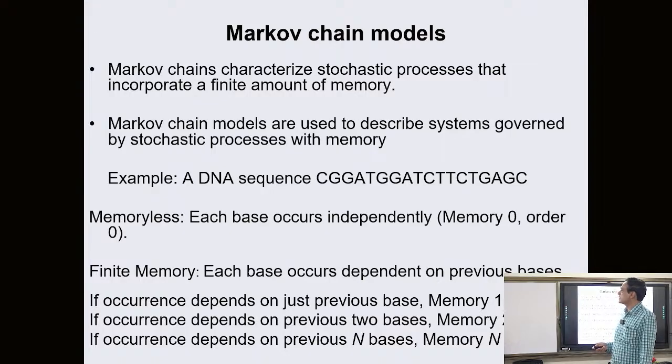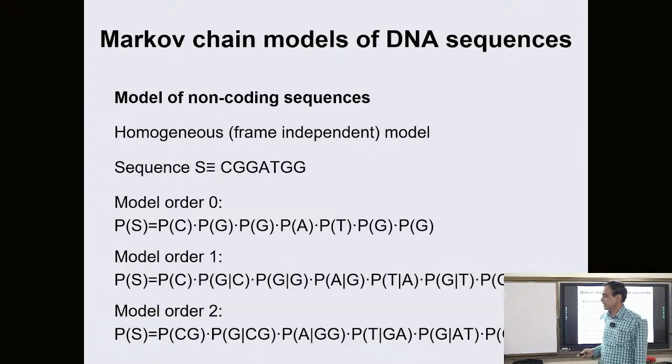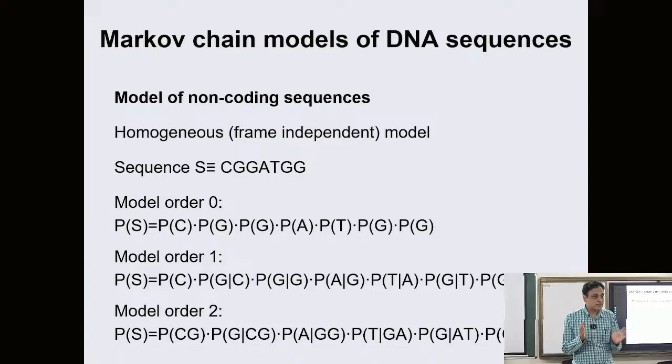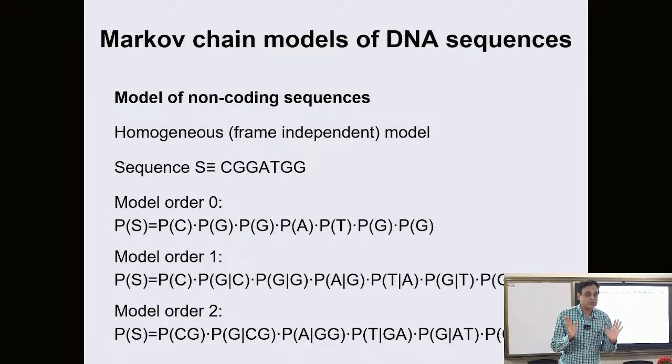If you understand this, then I can move ahead and let you know that Markov chain models were used for describing non-coding sequences and also protein coding sequences. In the non-coding sequences, as I just showed you, the probability distribution of nucleotides across the 3 frames is more or less similar.